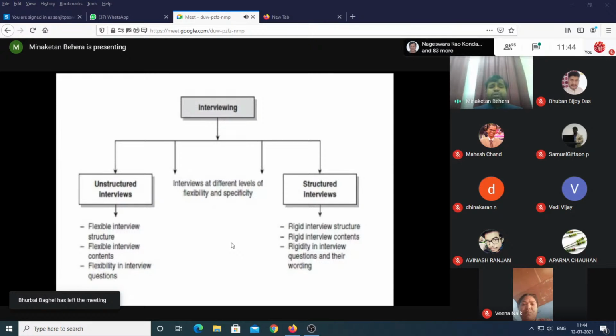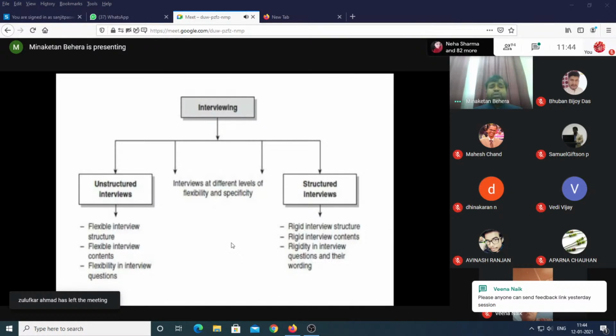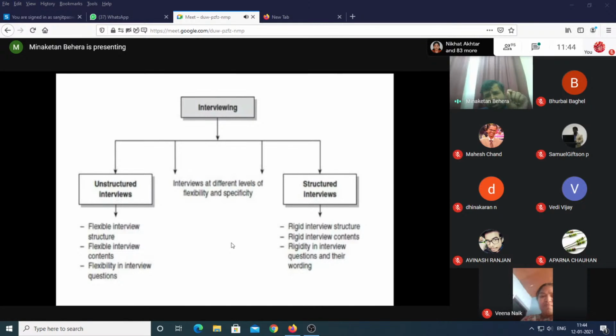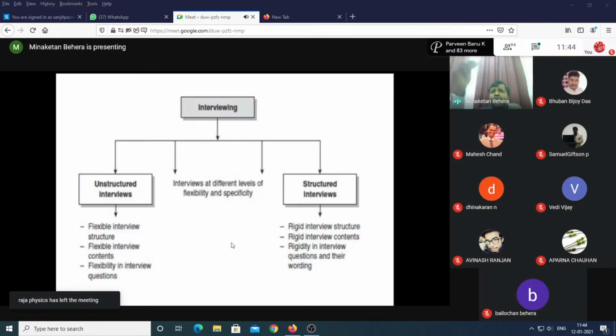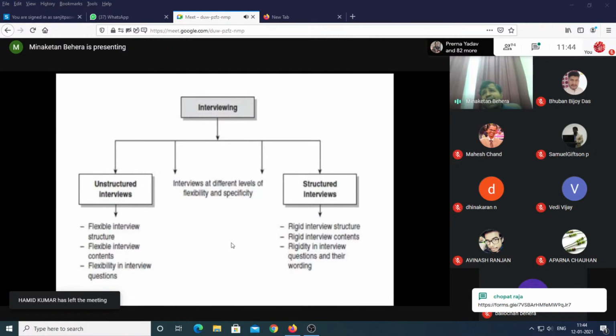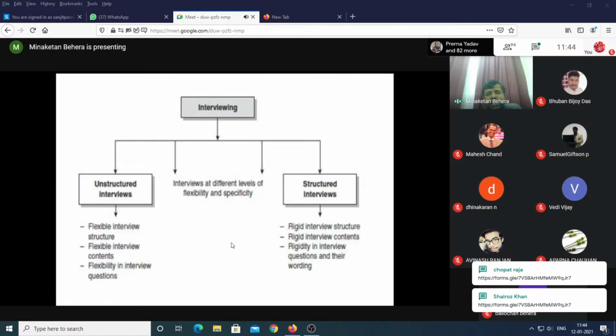I will ask your name, your father's name, your mother's name, your family members, your educational qualification, your employment, your salary, your land holding, your monthly income, monthly expenditure, many points. So you have to structure it step by step: first question, second question, third question, fourth question. So, a structured manner.